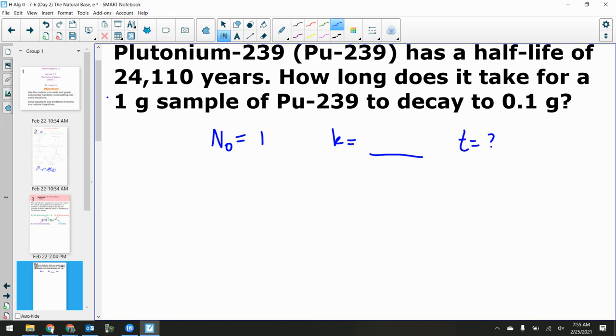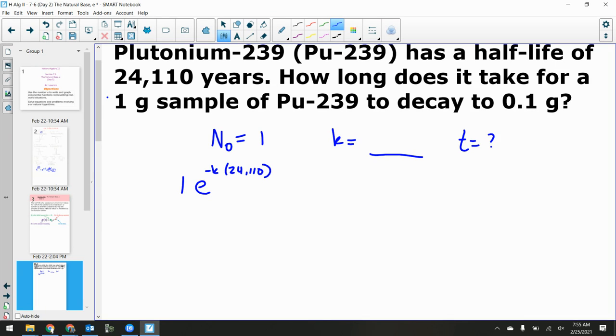If I have 1 gram, and it takes 24,110 years, and I plug that into our time value, what's my final amount after 24,110 years? 0.5, right?